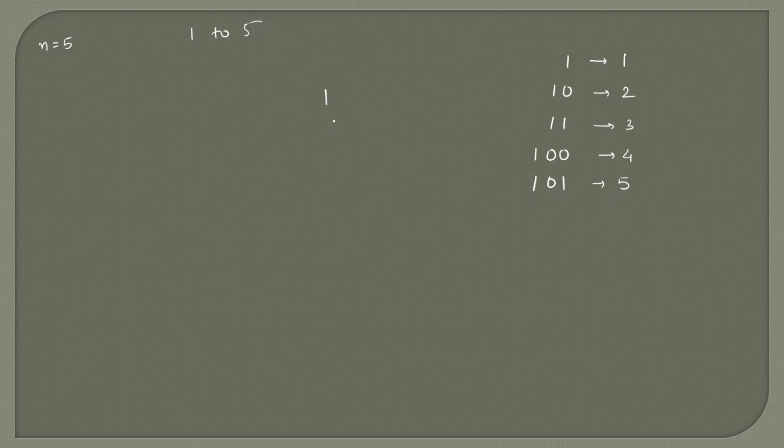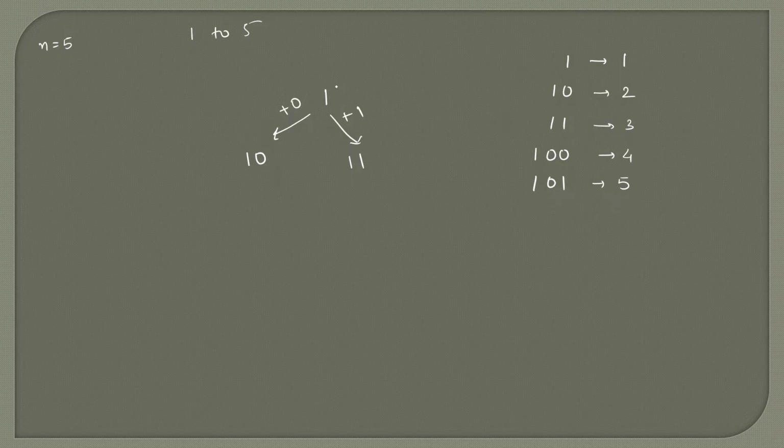Now, as we need to return the generated binary numbers in the form of strings, if I append 0 to it and if I append 1 to it, I will get 10 here and 11 here. If we append 0, we get our next number. If we append 1, we get our third number.